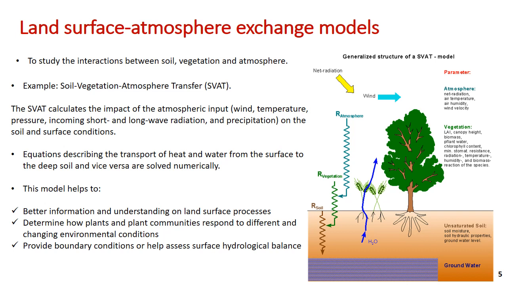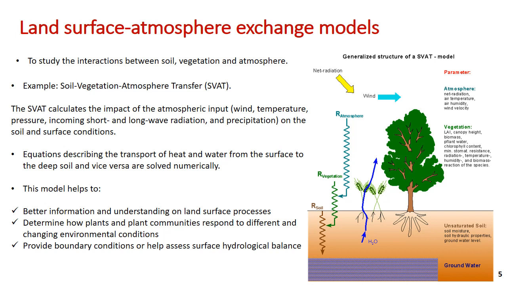For example, you look at the forest, how the forest as an ecosystem with different plant species with different sizes and so on can respond to climate, and how the heat and water can be exchanged and so on. Basically, once you get all of this information, you can use it in the hydrological balance, in the hydrologic cycle.